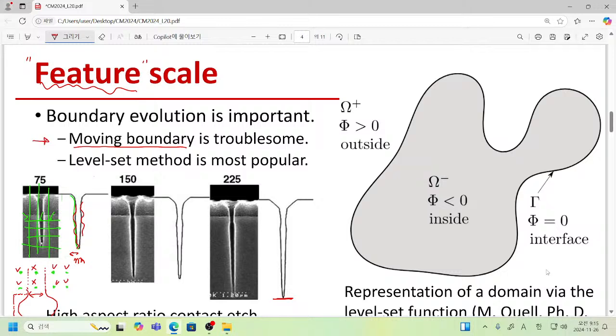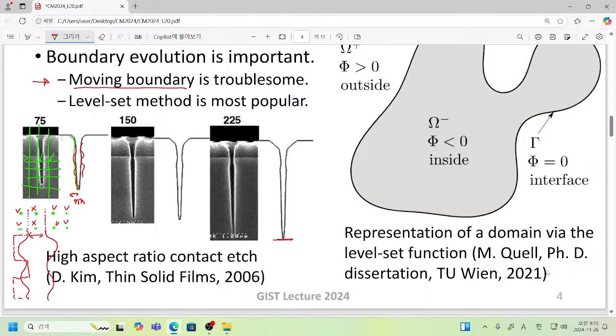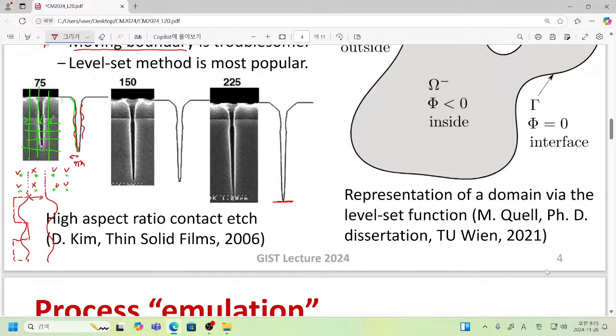Okay, so once again we must be careful about describing the shape, because if we introduce a regular grid, then it is okay because it doesn't change. Although the shape is changing and the boundary is moving, we can have a well-defined static mesh. The disadvantage is that the resolution should be quite fine, which will introduce some problems.